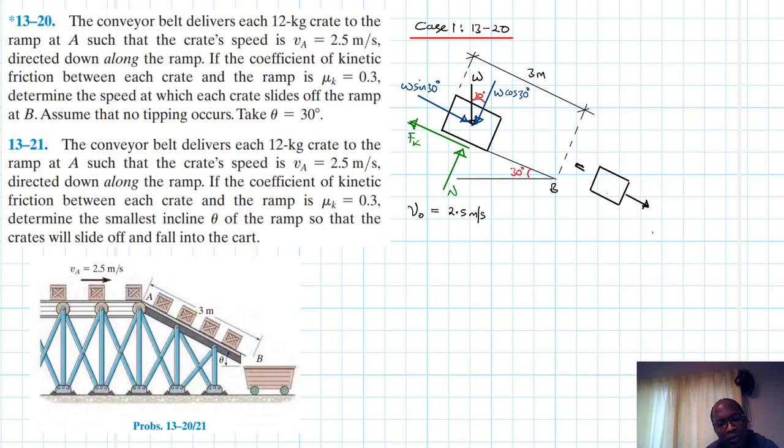So we have movement in that direction like so. Okay, so let's write down the equations. Let's start with, and our reference coordinate is inclined, like this.